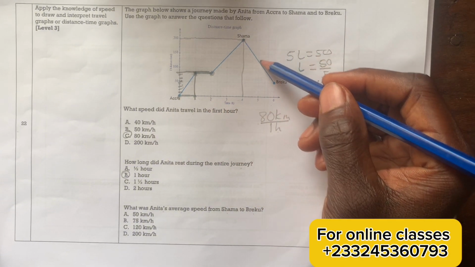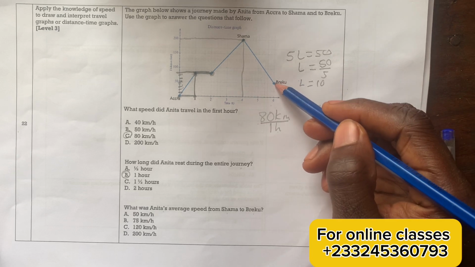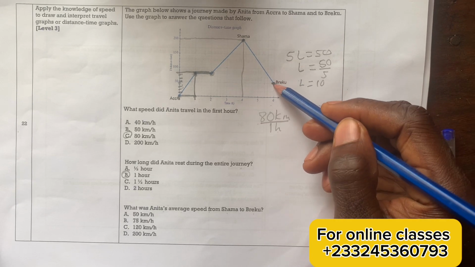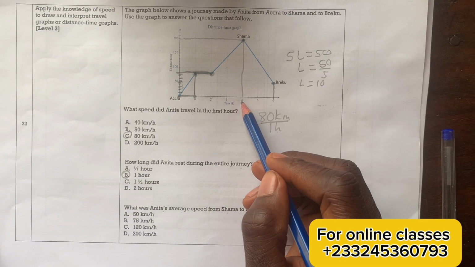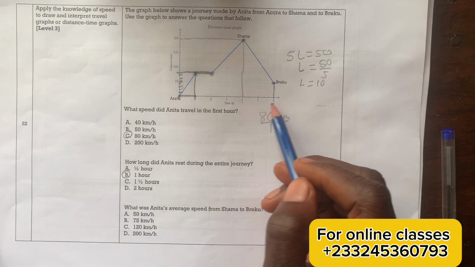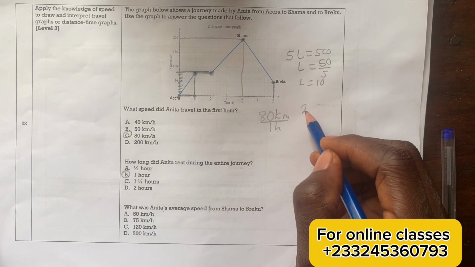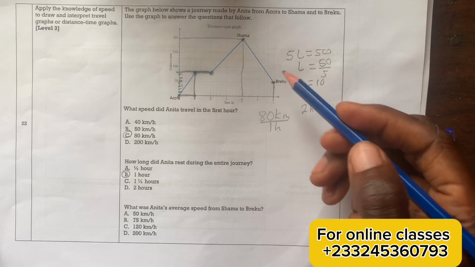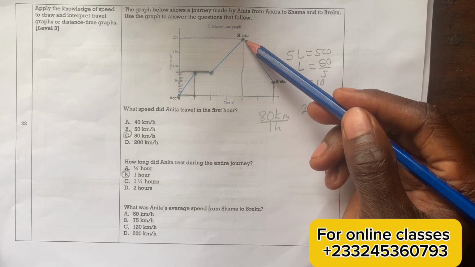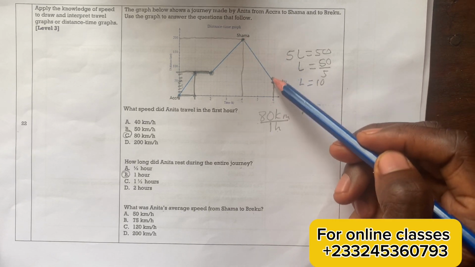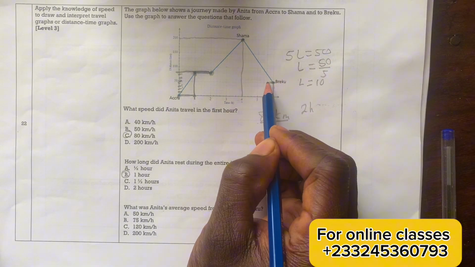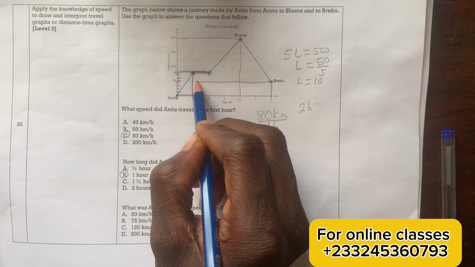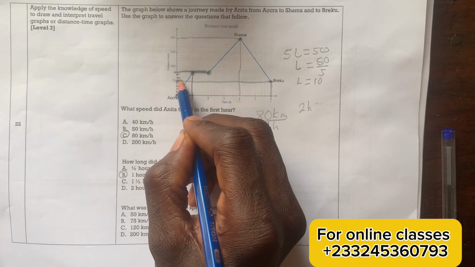Then Anita traveled to Breku. Okay, here too we have 6. So let us find the time. Between 4 and 6, we have 2 hours. So the time there is 2 hours. And then let us look at the distance traveled from here to this point. And this point, we trace it to the distance line, we get 200.